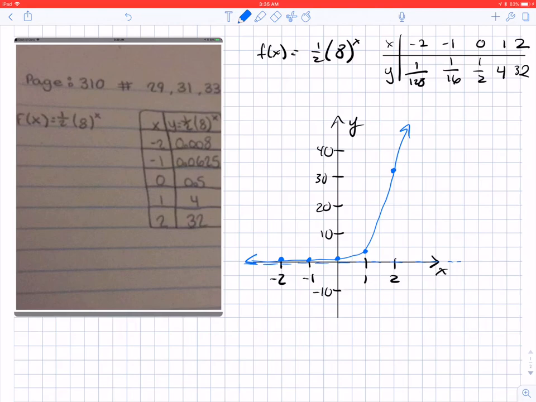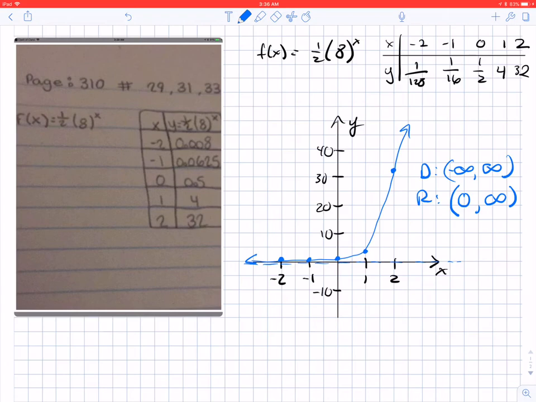So typically, for exponentials, the domain, from the very left to the very right, is negative infinity to infinity, right? The range goes from the very bottom to the very top. It goes down to 0, up to infinity. Infinity always gets parentheses. In this case, because of the horizontal asymptote, it gets really close to 0 but doesn't cross, so 0 gets parentheses, okay? So this is the general shape of an exponential.